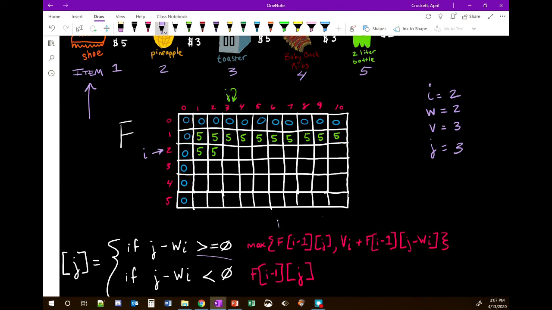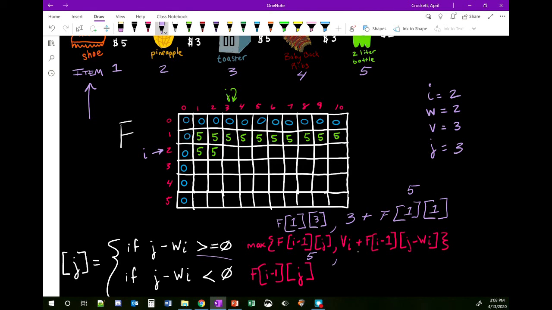So we find the max between f sub 2 minus 1, which is 1, sub 3, or the value, which is 3, plus f sub 1 sub 3 minus the weight, 3 minus 2 is 1. f sub 1, 1 is going to be 5. f sub 1, 3 is 5.